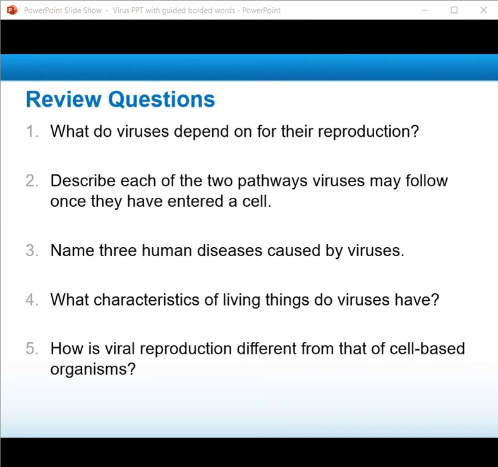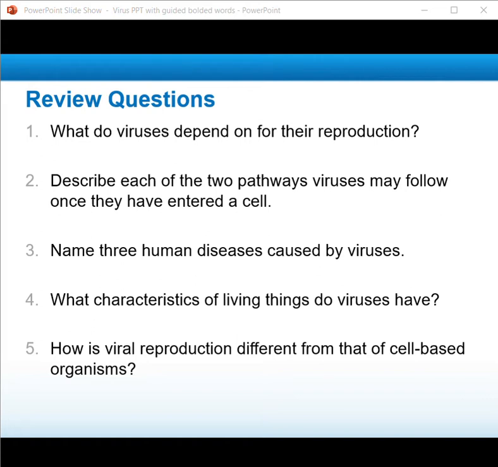Number 3, name 3 human diseases caused by viruses. Number 4, what characteristics of living things do viruses have? And number 5, how is viral reproduction different from that of cell-based organisms?